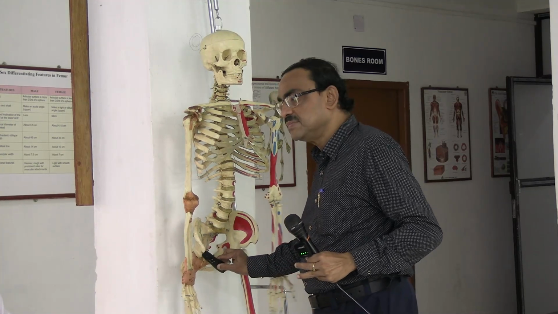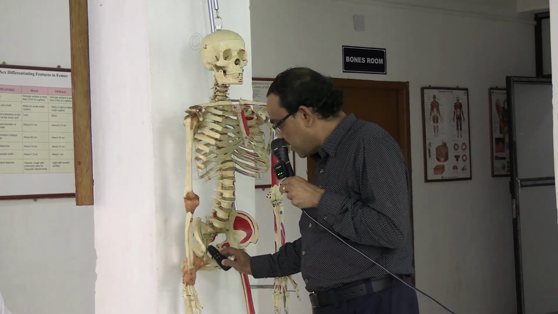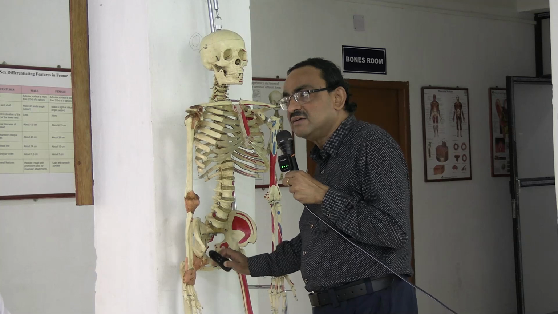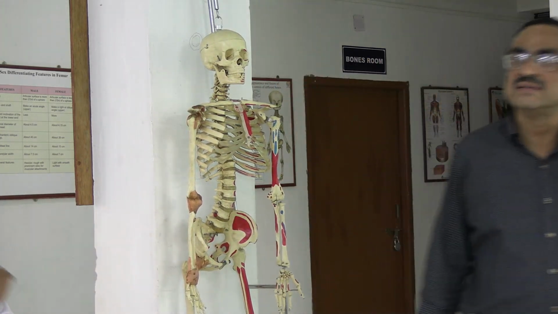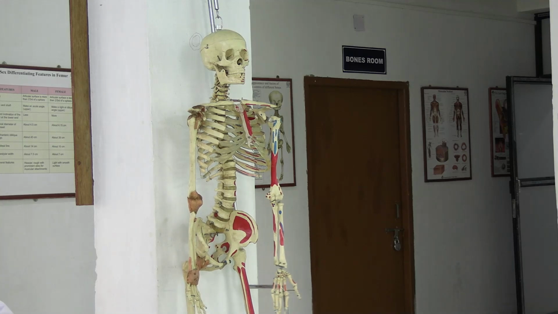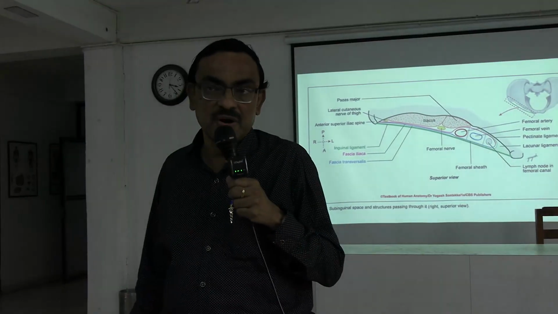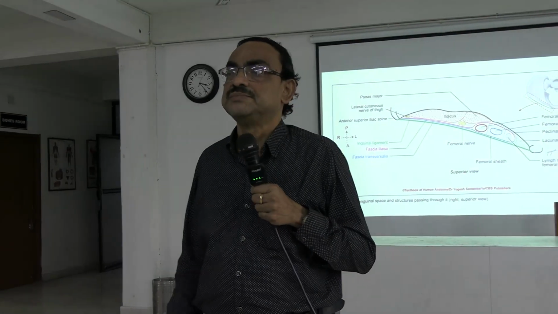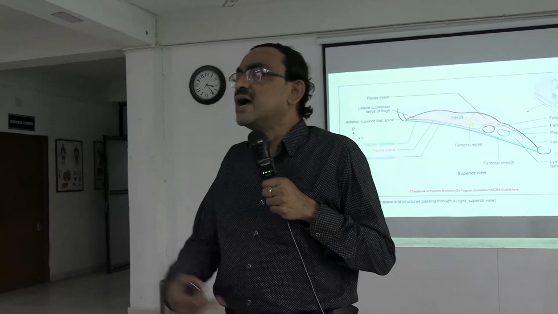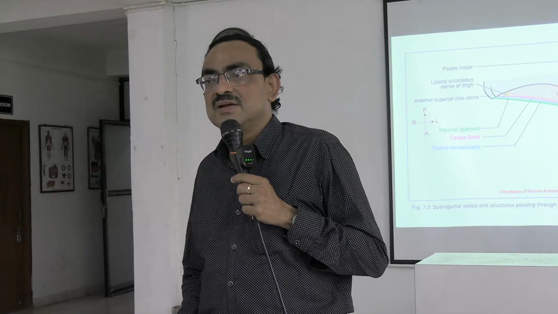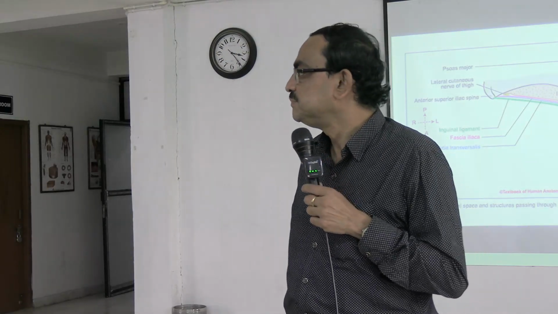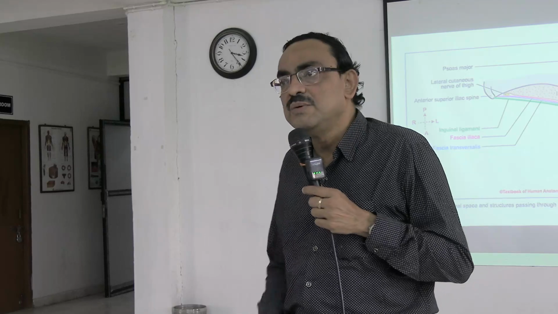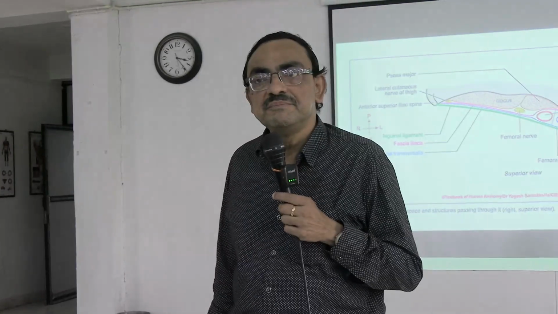This is the inguinal ligament. So in between the inguinal ligament and the hip bone, we can get an area. That area is called pelvifemoral space, because this inguinal ligament actually forms a border between the abdomen and the lower limb. If we cross that ligament, then we will reach the lower limb.